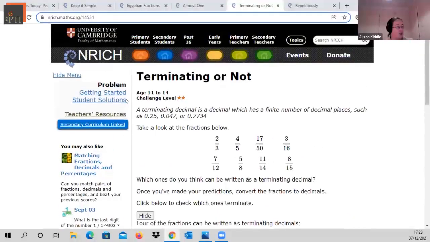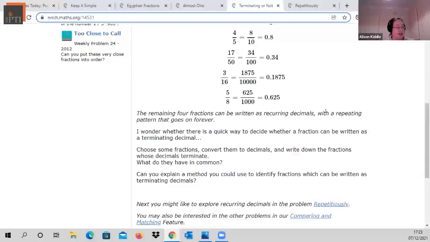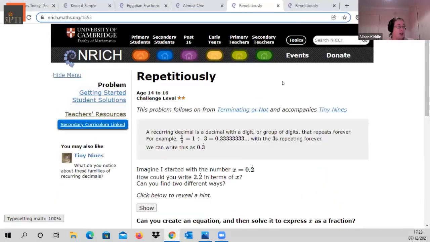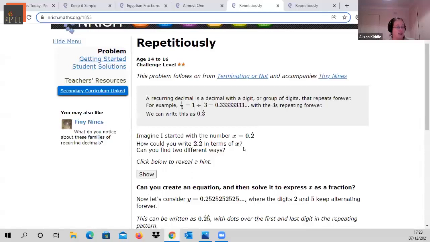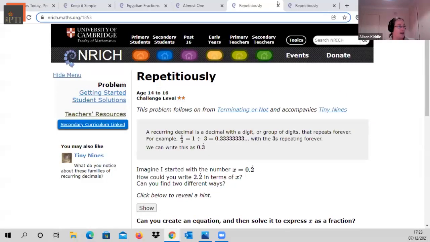And of course you can go on and you can read the teacher's notes for this problem and see what we suggest to come next, and to have a look at the solutions that people have done. And then after that, for some students, so you can see this is now an age 14 to 16 problem, challenge level 2 star. So this is a little bit harder, but looking at how you can write a recurring decimal as a fraction.